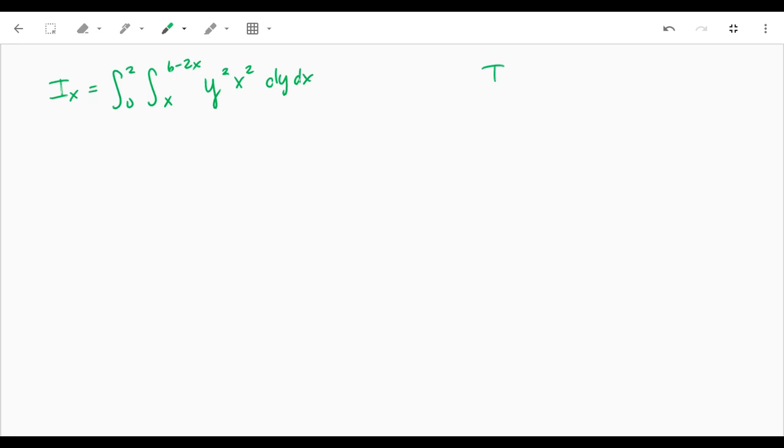And I'm also going to do over here the moment of inertia about the y, which is the integral from 0 to 2, integral from x to 6 minus 2x, y squared, x to the 4th. Okay, and then we'll talk about the moment of inertia about the origin.